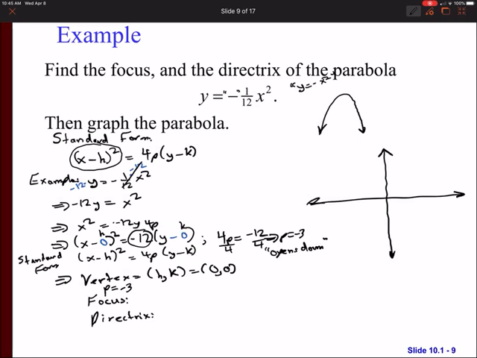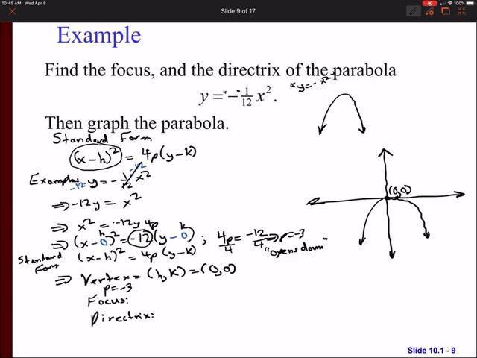Our vertex at 0, 0 will be the max point of my parabola. It opens down, so here's my upside down U-shaped graph.